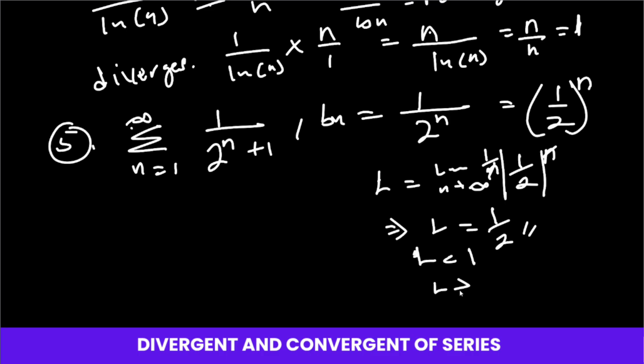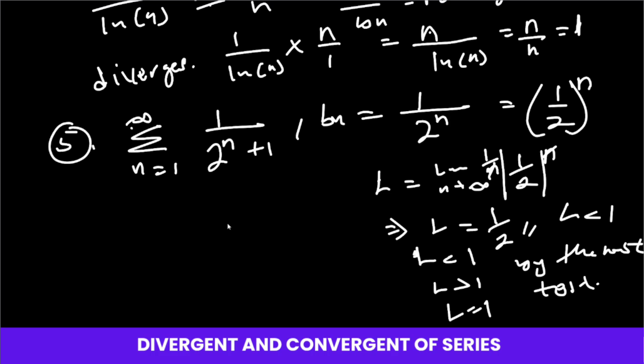But if L is greater than 1, it diverges. But if L is equal to 1, it can converge or diverge, in other words, it's inconclusive. So here, since L is less than 1, it converges by the root test. You can explore the root test and understand this one better.